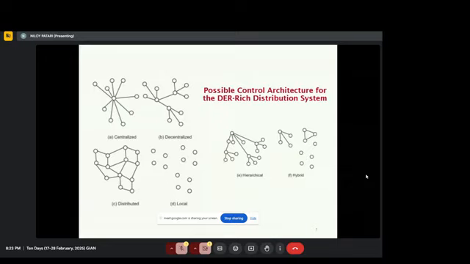Okay, we'll talk briefly about control architecture as well. In distribution systems, we generally have about four kinds of control architecture in DER-rich distribution systems. The most common ones are centralized and local.